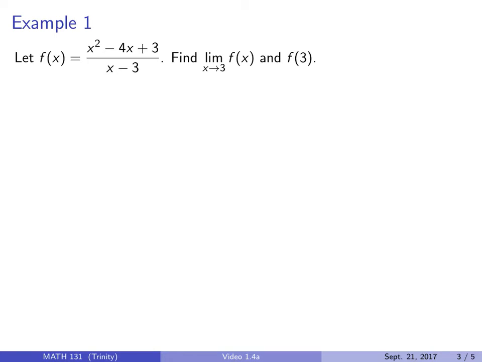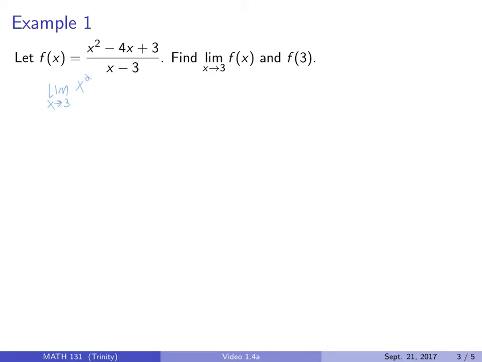So first, consider the function f of x equal to x squared minus 4x plus 3 all over x minus 3. And again, we want to compare the two values of the limit as x approaches 3 of f of x with the function value f of 3. First, we'll find the limit as x approaches 3 of f of x.